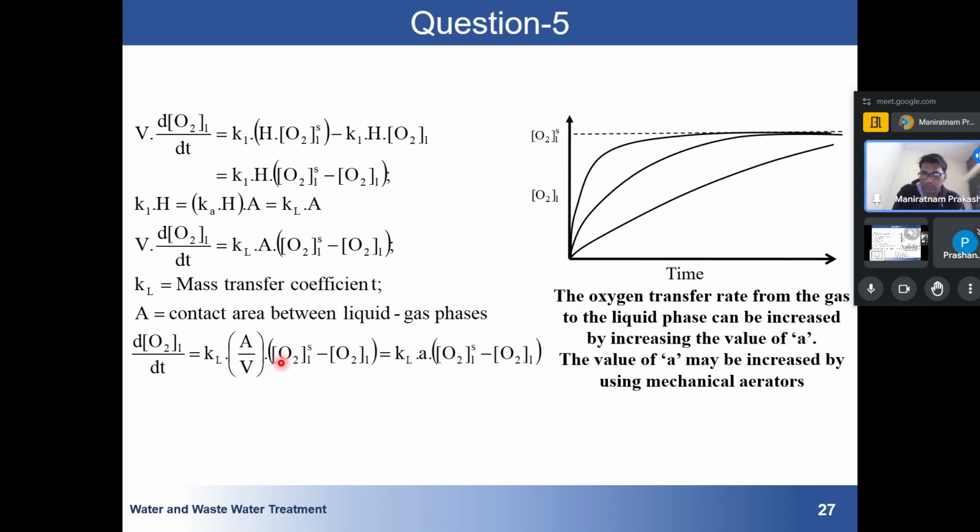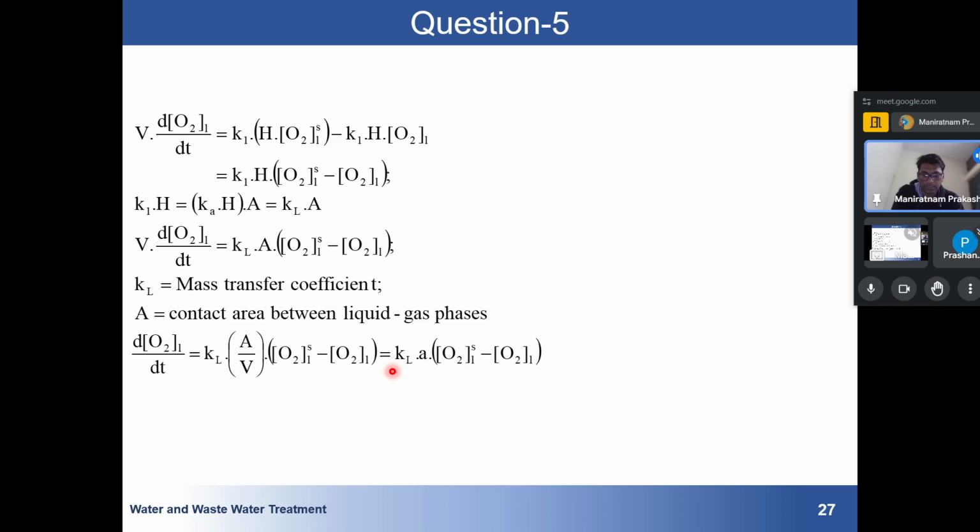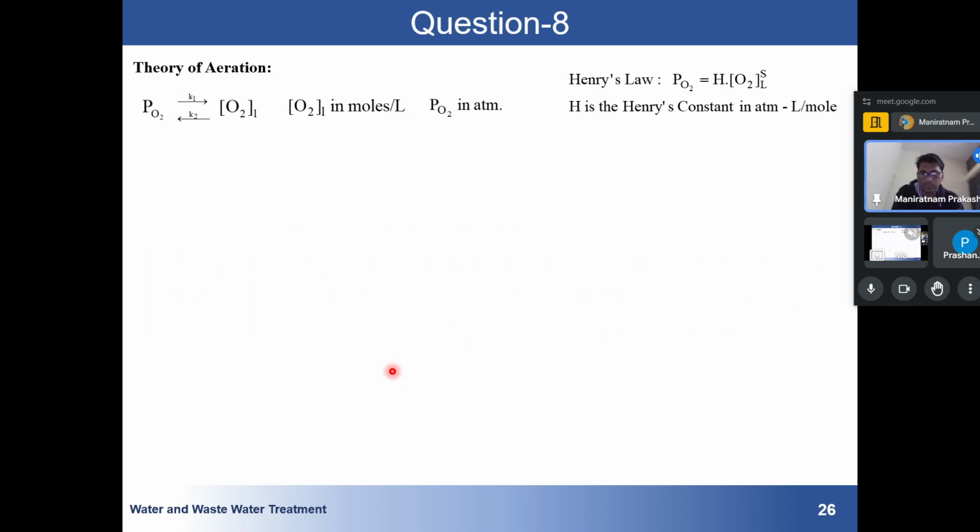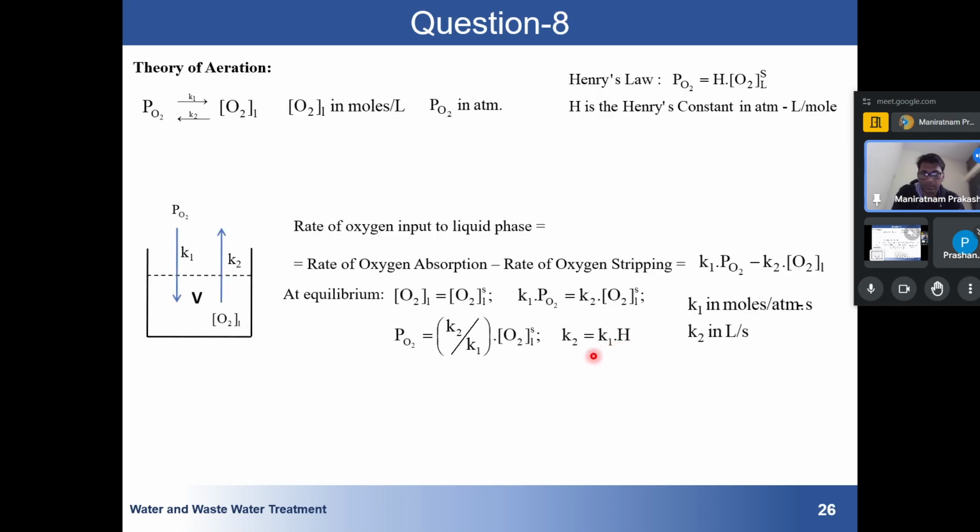The concentration of oxygen at the saturated limit minus the concentration at any time is given by this term, and KL is defined as the ratio K1 by K2.